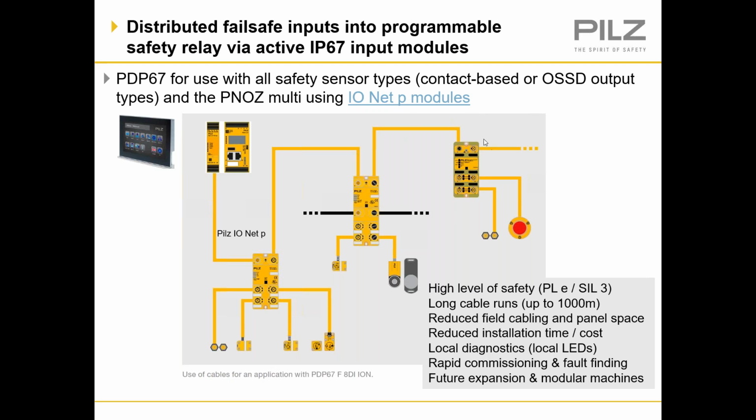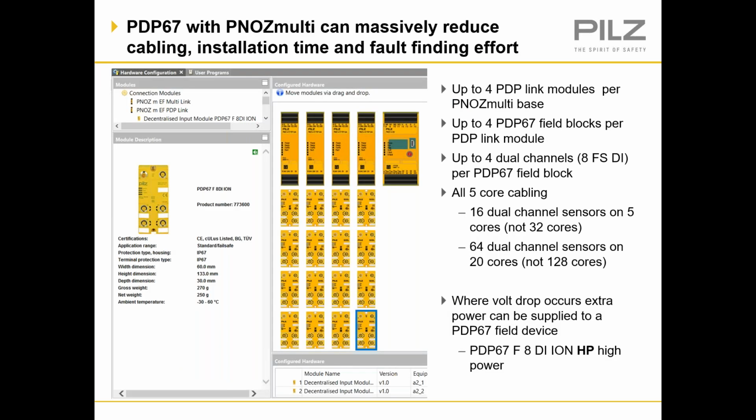And here, the output of all these is cascaded into the input of the following PDP unit, and we can output this to an HMI, so you can actually see what's happening on each switch. So an example of this would be a PNOZ Multi 2 base unit with up to 4 PDP link modules, then up to 4 PDP67 field blocks per PDP link module.